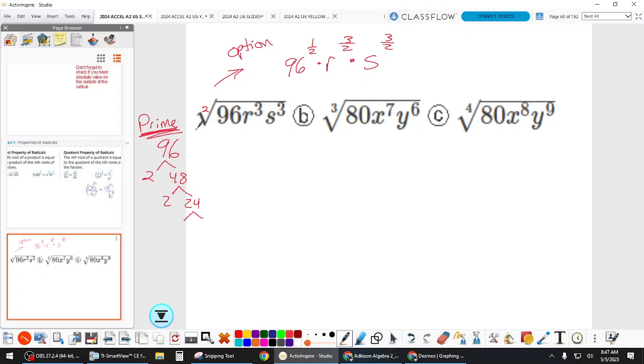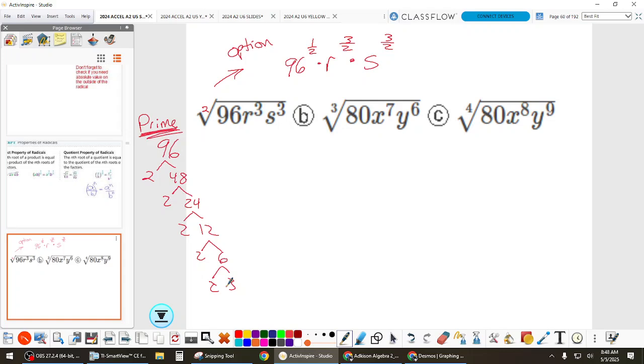I'm working down this side with primes. 6 and 4 are not primes. 2 and 12, and then 2 and 6, and then 2 and 3. No, 2 is the prime one. Okay, so our primes go down the left, and then usually at the end you'll have that one other one. If you're doing it right and you know what your primes are, this is how it should look.